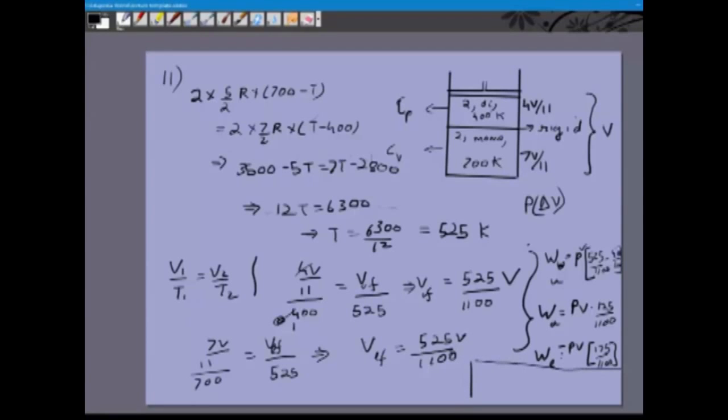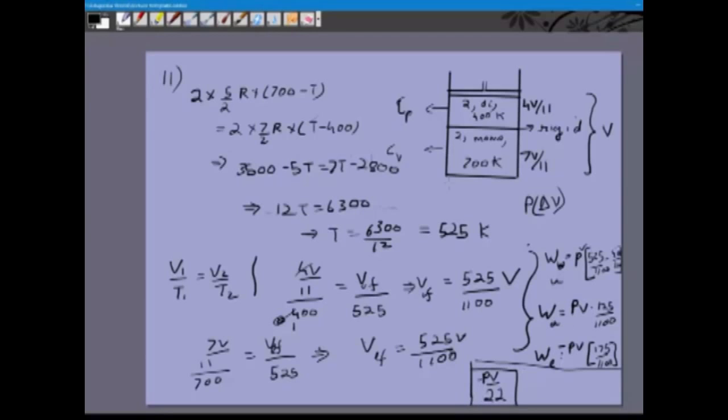So the total final work done is the sum of these, that will be PV times minus 50 by 1100. 50 by 1100 is 5 by 110, which is 1 by 22. So minus PV by 22, this is the work done.